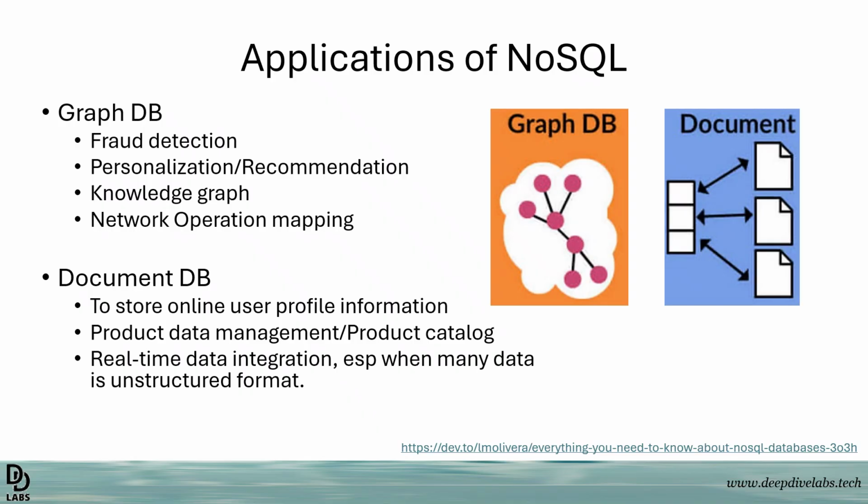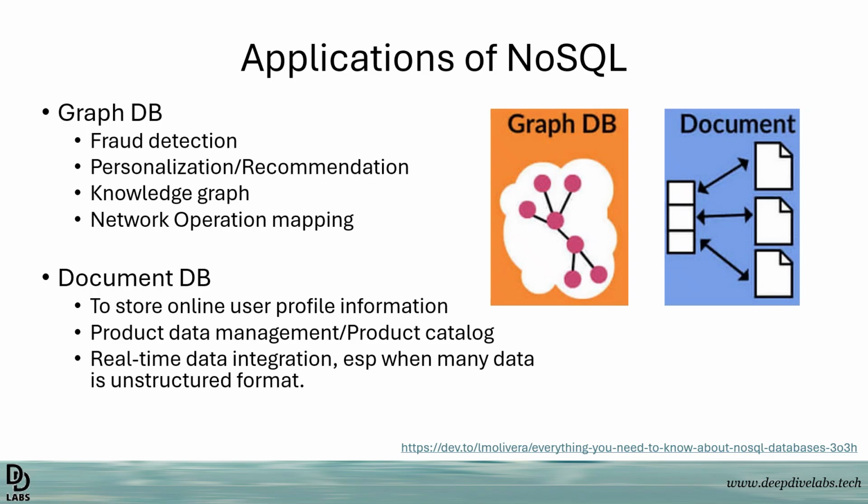Or you may not have the personalization information for some of the profiles. Then of course your product data management and product catalog, right? Different products might have different attributes, so you want to create a document database for it.